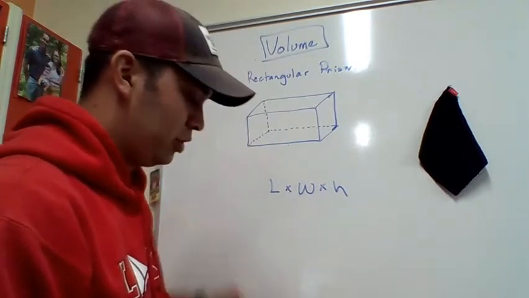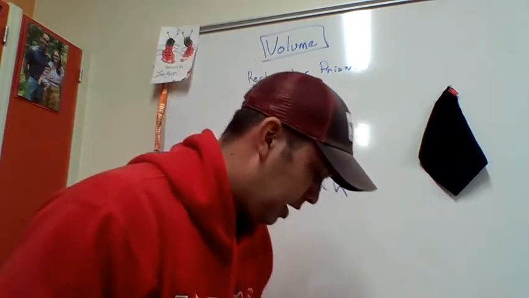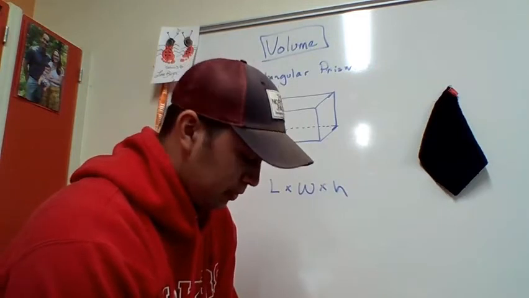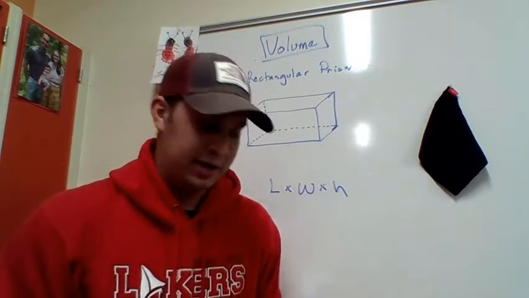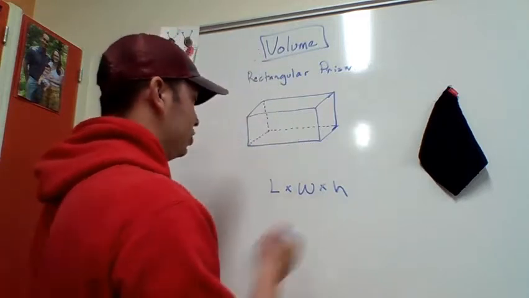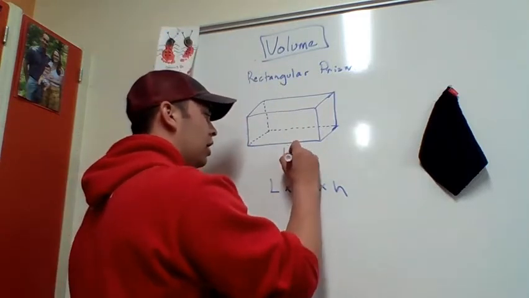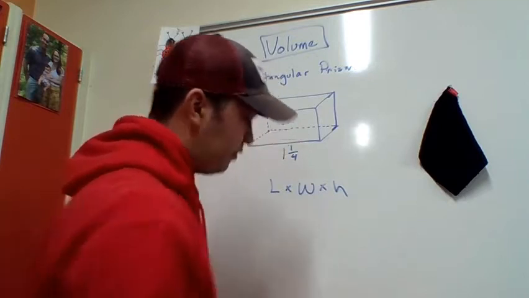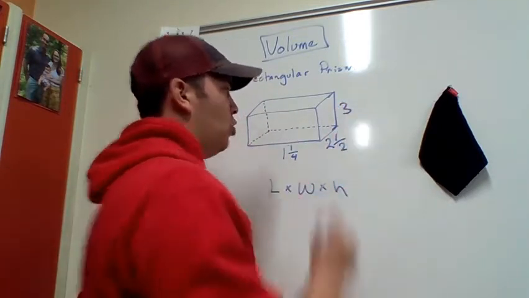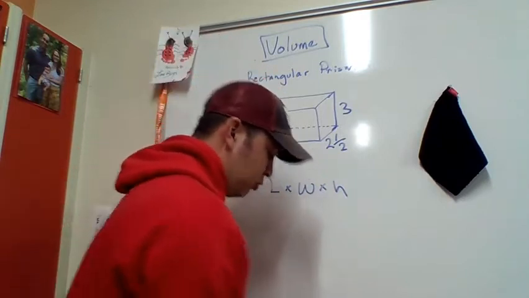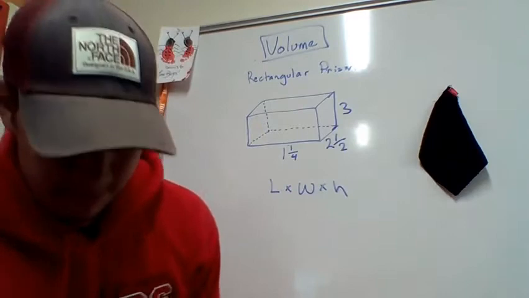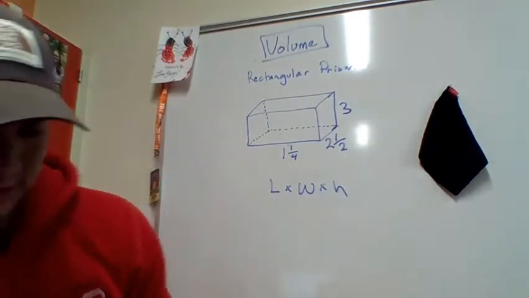Now, when we're going through this, we're going to throw in a little bit different numbers here. You're going to see these in your practice problems today, but we're going to be working with fractions and mixed numbers. So we have 1 and 1/4, we have 2 1/2, and we have 3. We'll worry about the units later, but we'll start with these fractions right here.